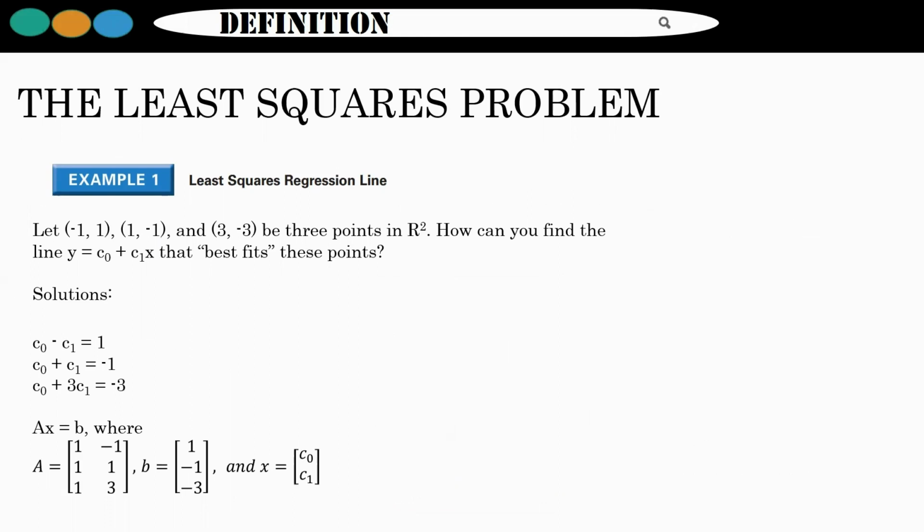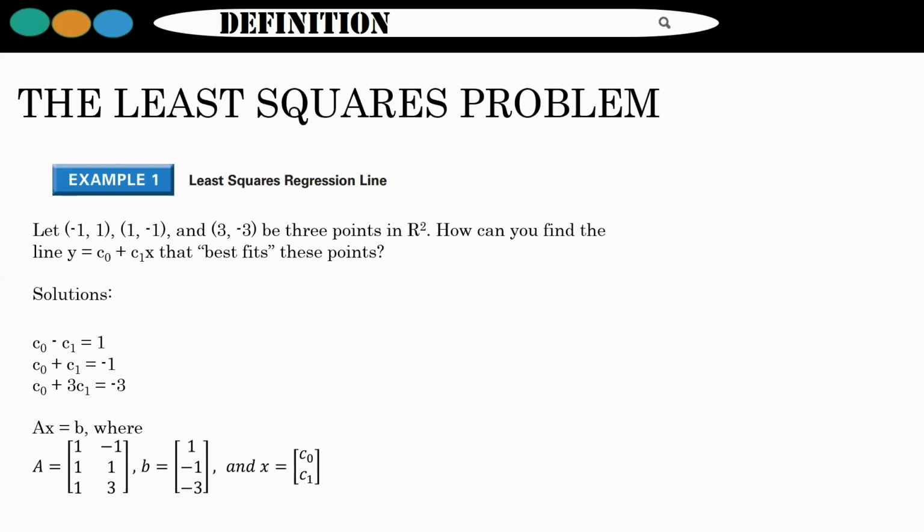I'm sorry for that. Let (-1, 1), (1, -1), and (3, -3) be 3 points in R squared. How can you find the line y is equal to c sub 0 plus c sub 1 x that best fits these points? First, we have to identify the following system of equations to know if it would be consistent.